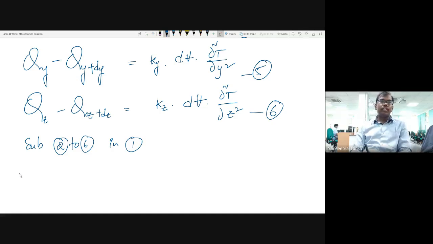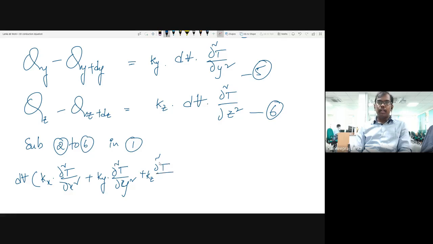I will take dv as common and put the dv outside: kx into dou square t by dou x square plus ky into dou square t by dou y square plus kz into dou square t by dou z square, plus q gen into dv, which is the value according to your equation number 2.